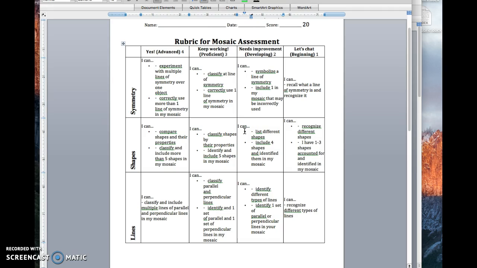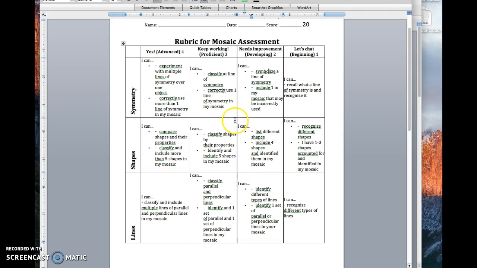You have to remember that the rubric is for your use as a teacher, but it's also for the students' use. You want your students to be able to use it and make sure they are reaching the level that they want to reach. So you've got to make sure it's student friendly, and easy to remain objective when scoring. So you can easily say, yes, they've done it, no, they haven't. That's really key about a rubric.